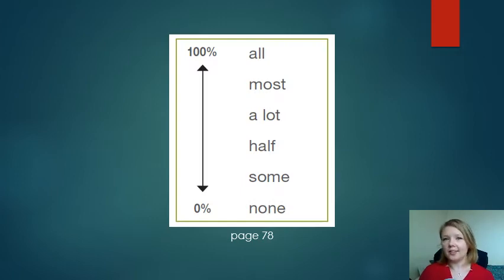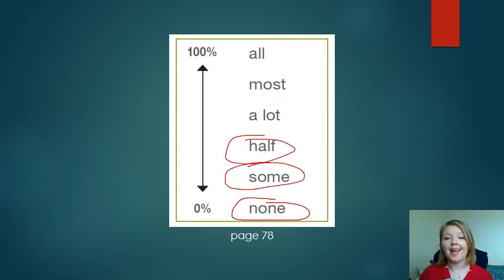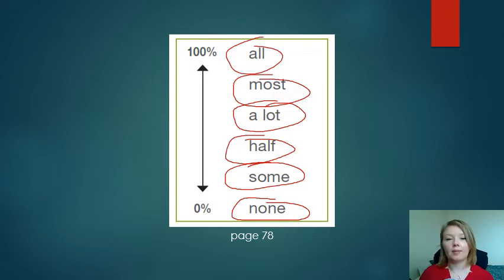These are the words that we talked about in your book. Remember that quantity is how much of something there is. So the 6 words and phrases we learned about were none, some, half, a lot, most, and all.